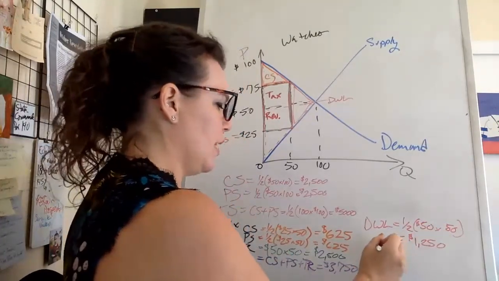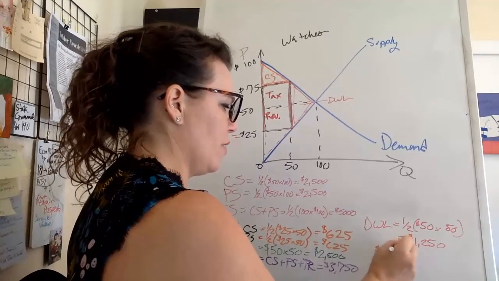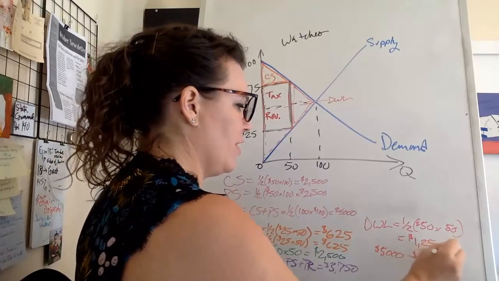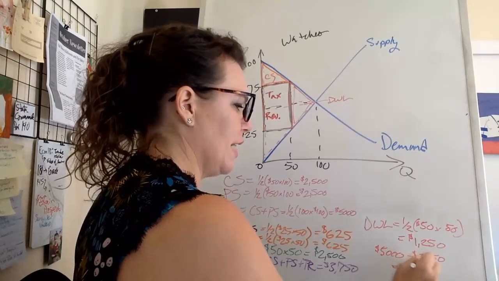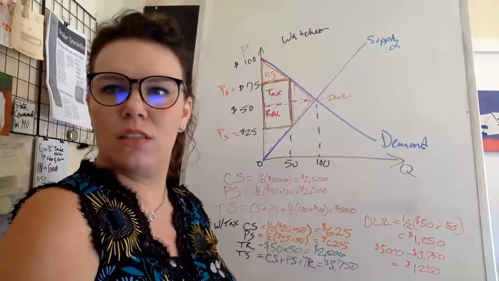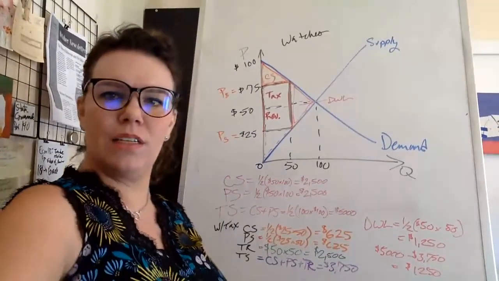Or you can say, well, the old surplus was $5,000. The current surplus is $3,750. The difference is that deadweight loss. Do you see that?